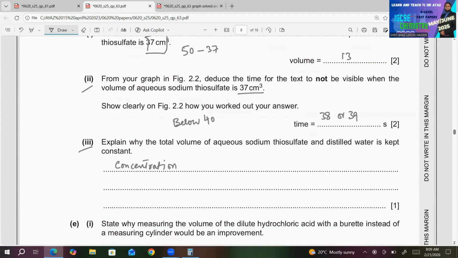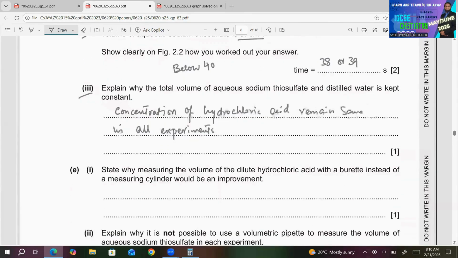The concentration of hydrochloric acid remains the same in all experiments. That's why the total volume should be kept constant.